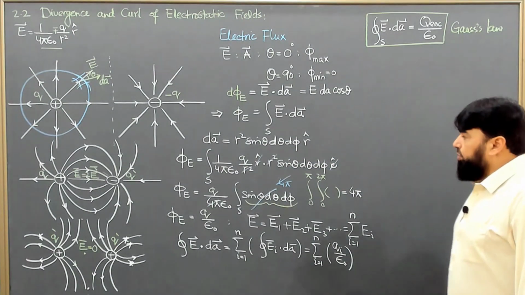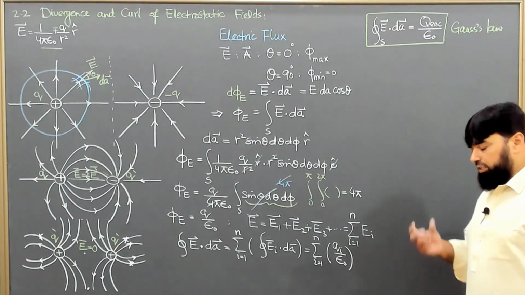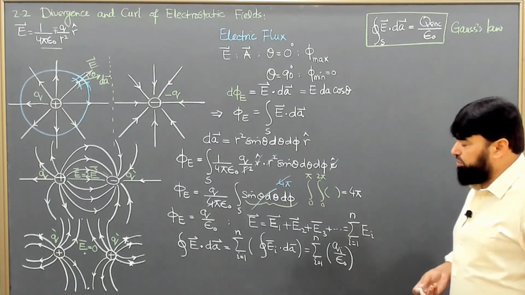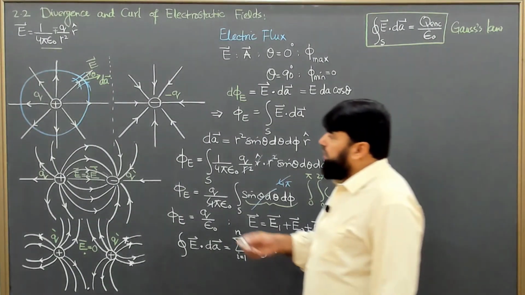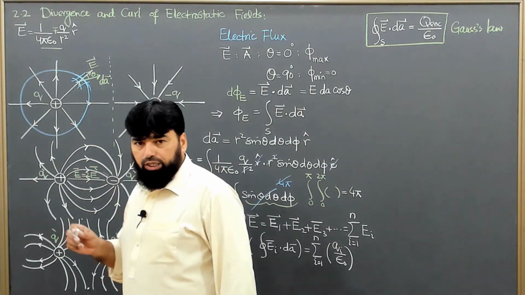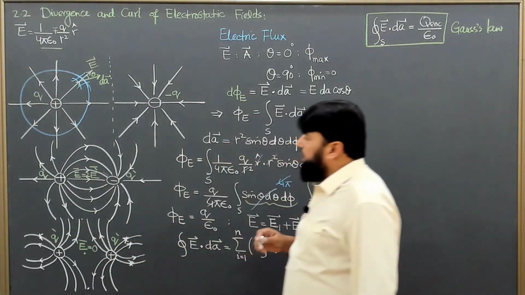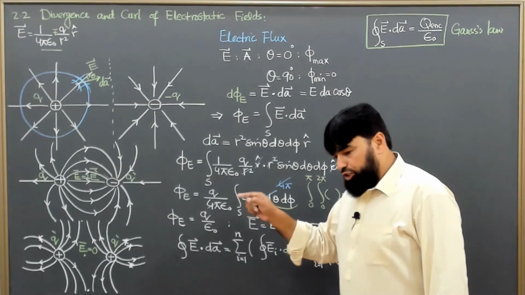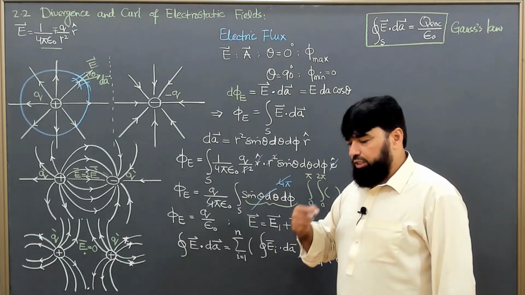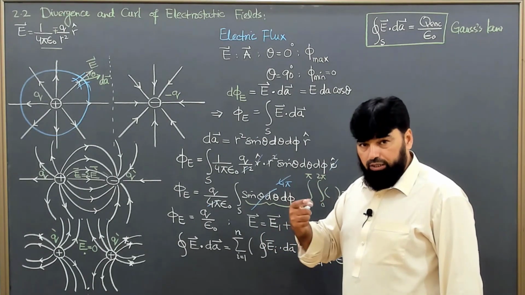So if we have, for example, a spherical charge distribution, then we consider a concentric sphere over it. And if we have a line charge density, then around that line we consider a coaxial cylinder.